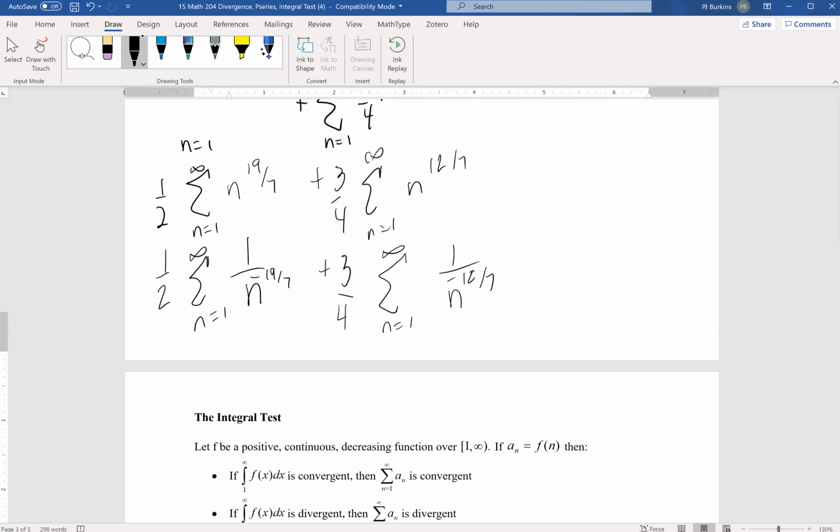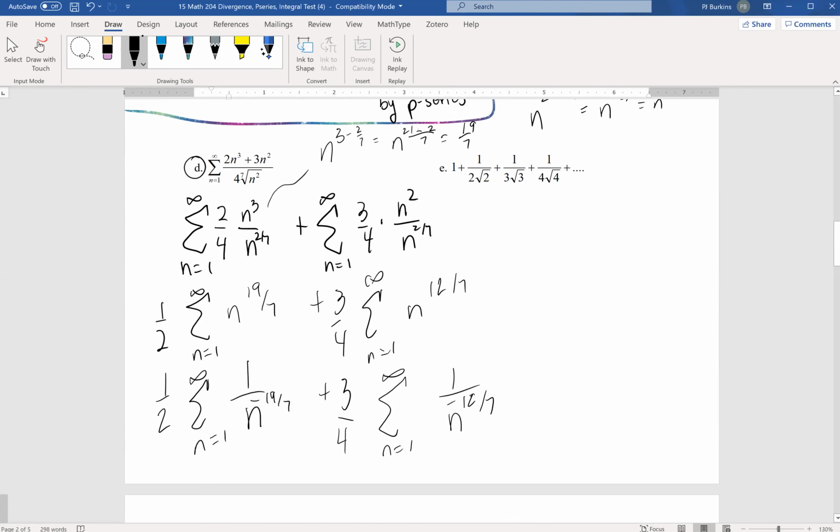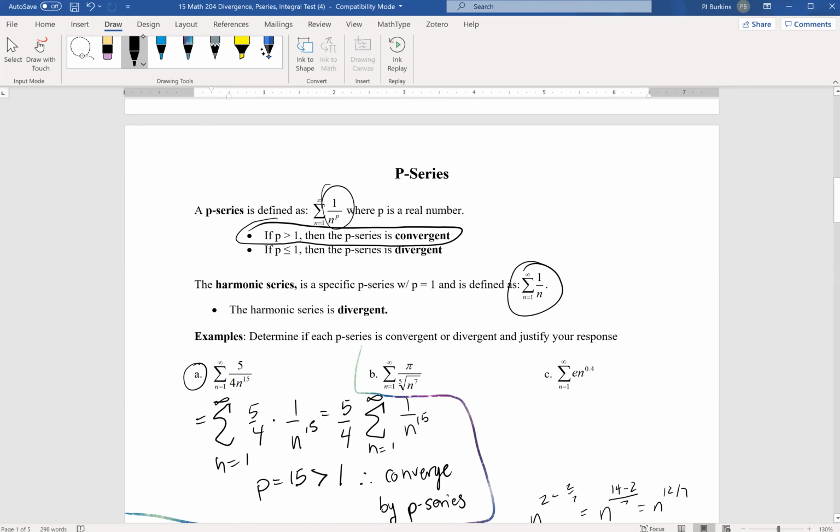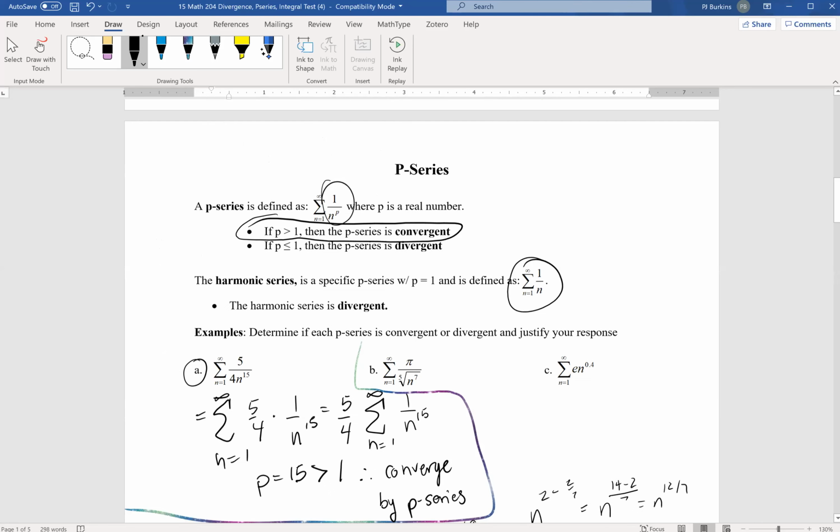Okay. So I broke it into two sums. I simplified them the best I could and wrote them as 1 over n's. However, notice that for this first one, p equals negative 19/7. And I want that to be greater than 1 for convergence, but it's not.